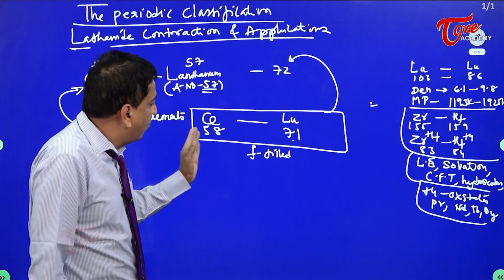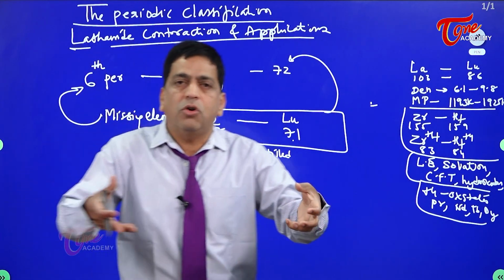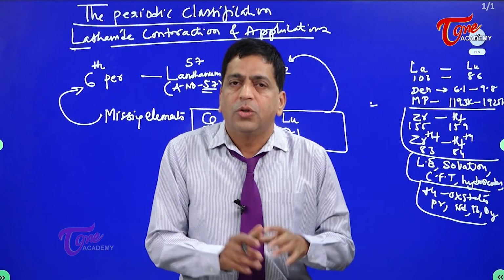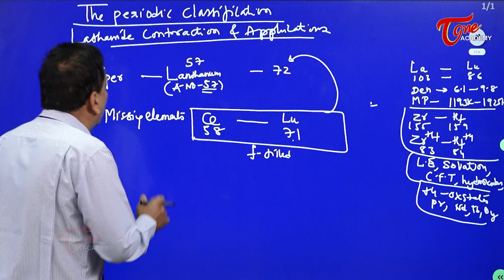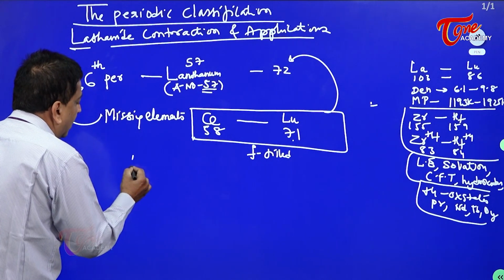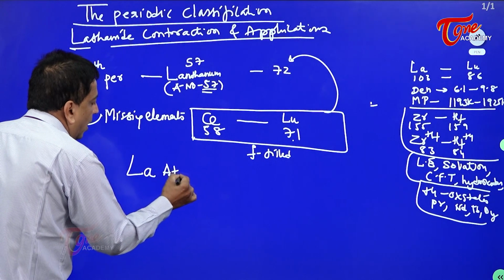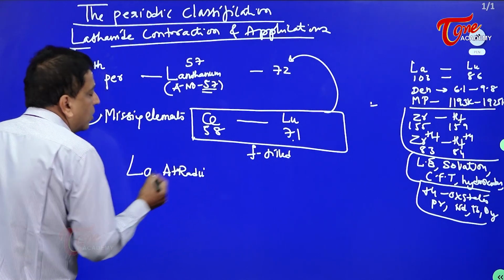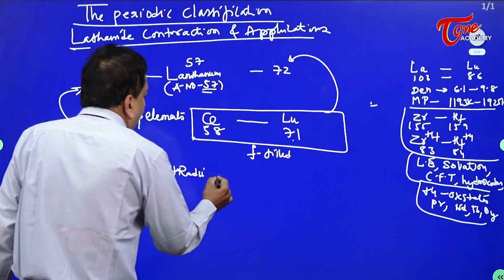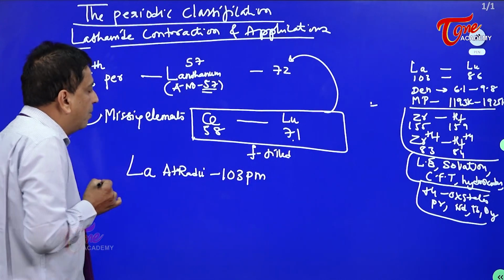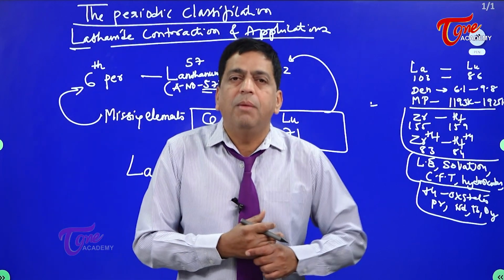And when you are filling the F orbitals, we find some contraction. That contraction is called the lanthanide contraction. So look into this. If you look at the atomic radius of lanthanum, it is around 103 picometers. A picometer is 10 to the power minus 12 meters.